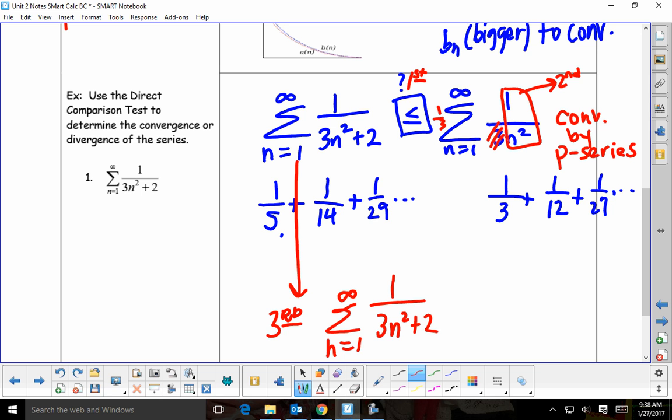This is your summation. Got it like that? Does that help? Okay. So what can you also conclude about this? Converges, because it's the smaller, right? So it also converges by direct comparison test.